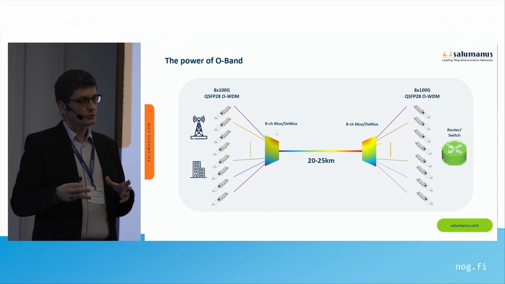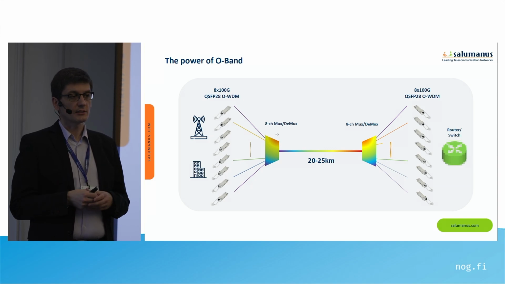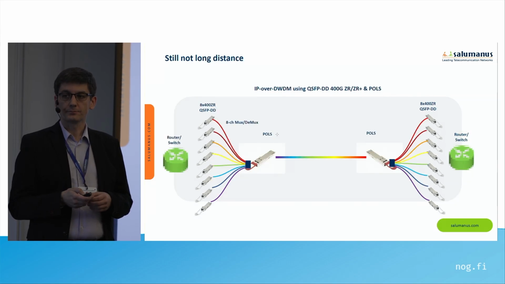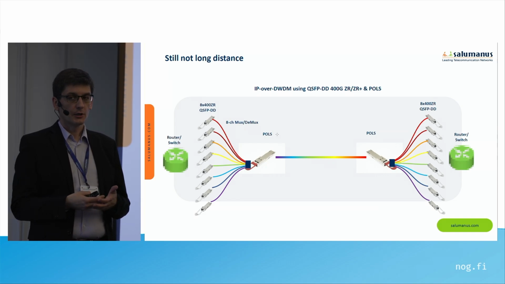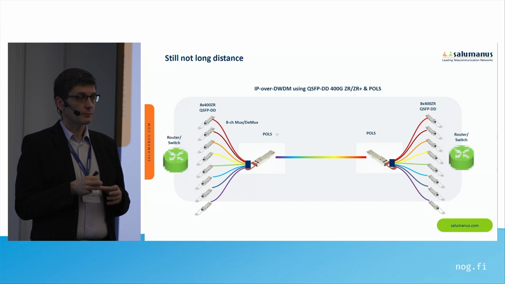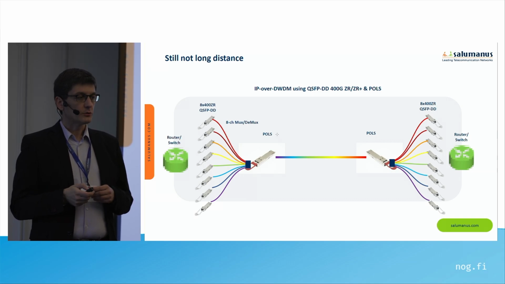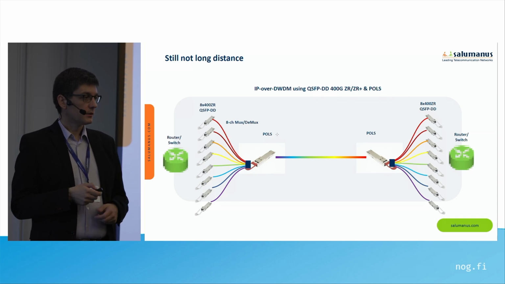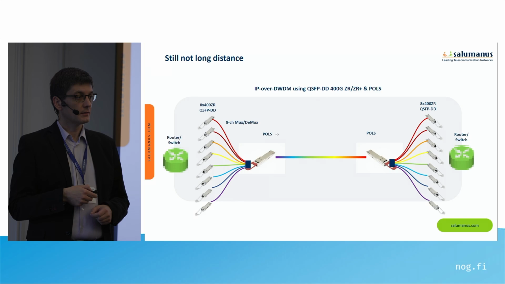So we just choose what kind of transceiver we use to adjust it to the distance we need to run. If we want to run a bit higher capacity, but still keep the distances short, about 40, 60, 80 kilometers, we could amplify that using the amplifiers built into the transceiver as well.